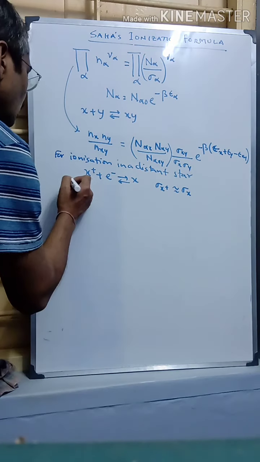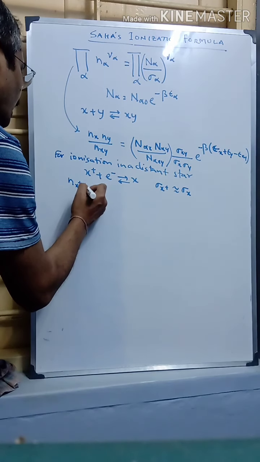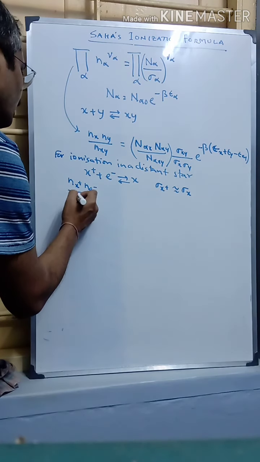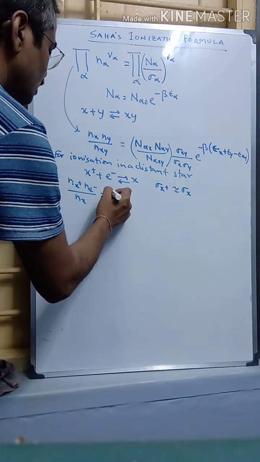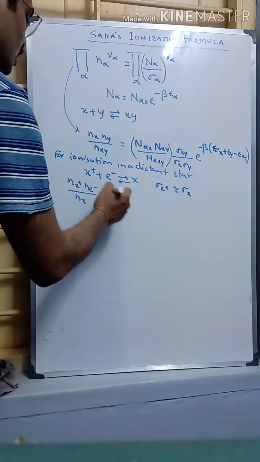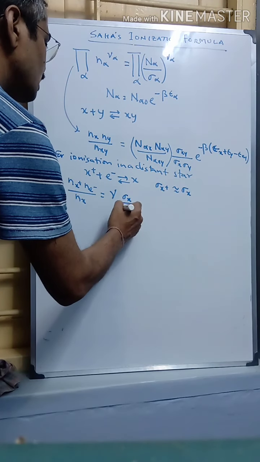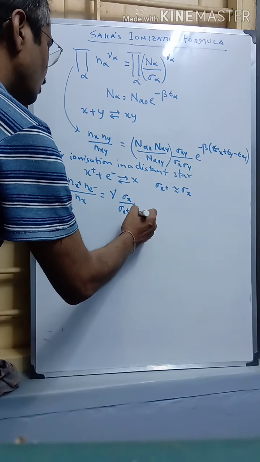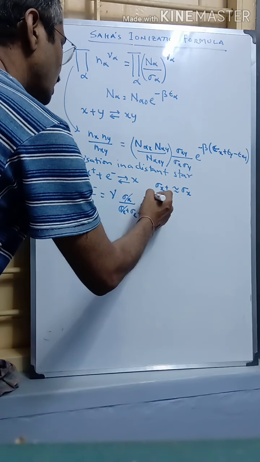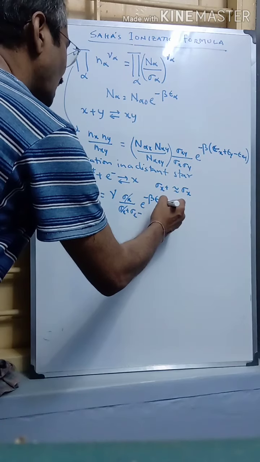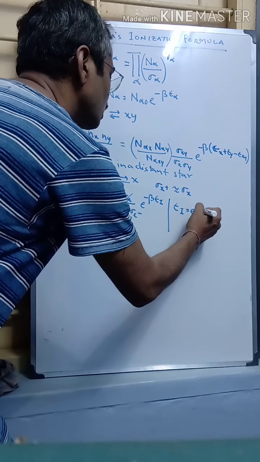So with this, if we want to write nx plus ne minus divided by n of x, it would be equal to, if I call this whole factor gamma for this particular species, sigma of x divided by sigma of x plus sigma of e minus, so these two would cancel out, and e to the power minus of beta epsilon I, where epsilon I is the energy for ionization.